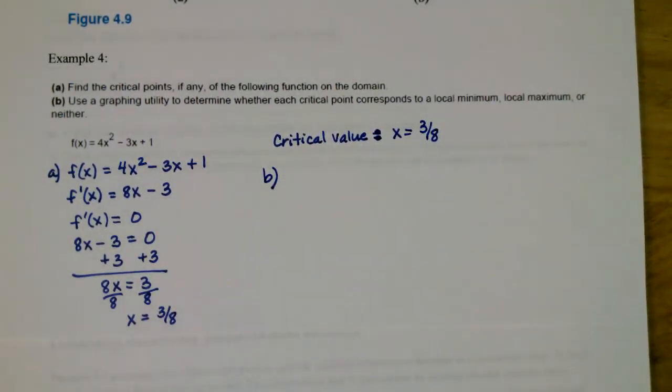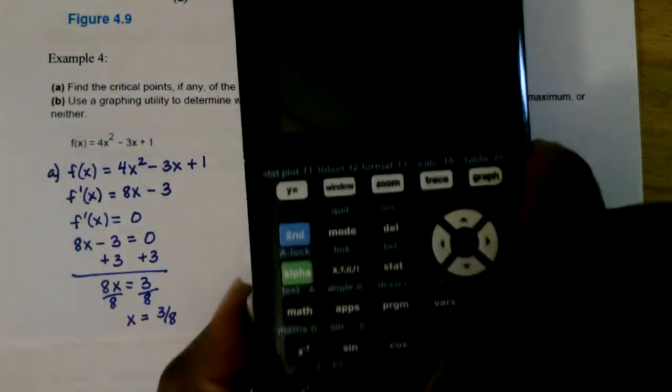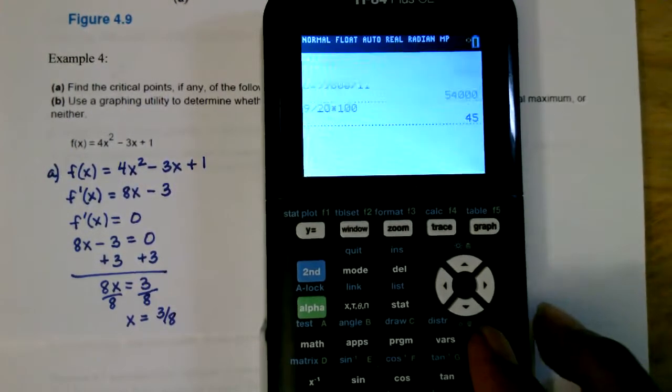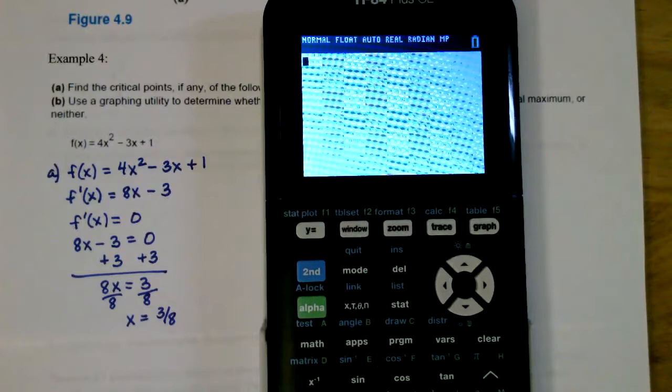Now in part B, they want us to use the graphing utility to determine whether each critical point corresponds to a local minimum, local maximum, or neither. So this is where we use our graphing calculator to do this. Okay, I'll clear this out.